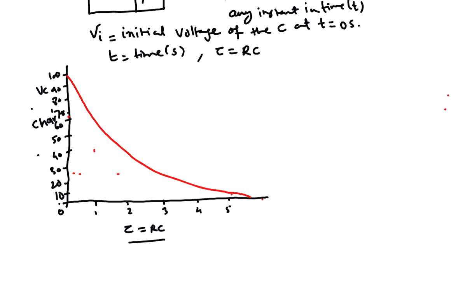Now here, for example, at this point somewhere, you say that your capacitor is discharged to 36.8% at T equal to tau equal to RC, that is your time, T equal to RC, 1 tau.